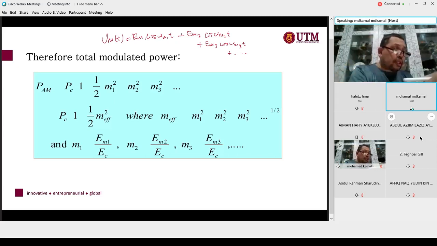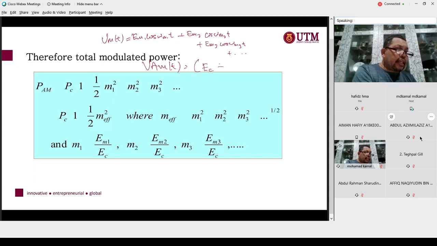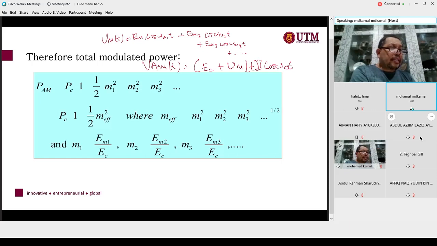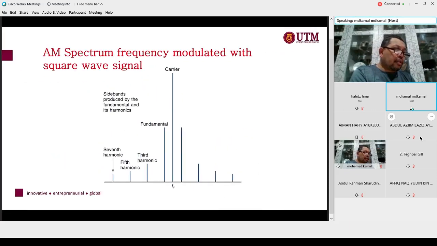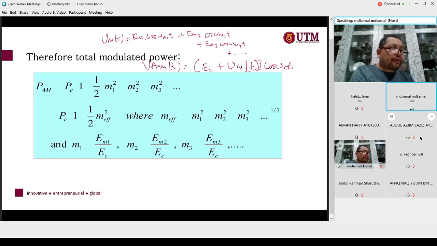As usual, if you want to find VAM(t), same thing, you will see EC plus the modulating signal, times cos omega C t. These are the standard equations that we have. Now instead of a single frequency, you have a complex frequency here.